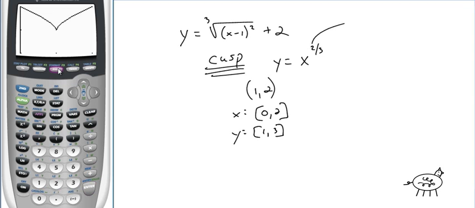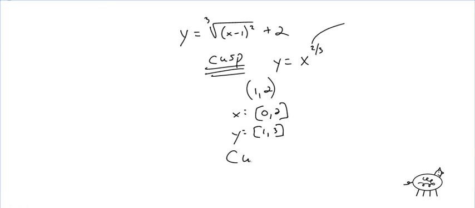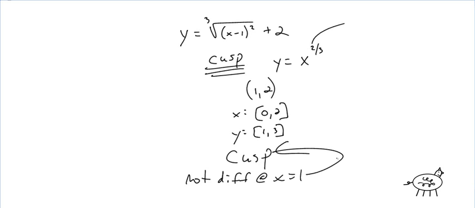Okay, cool. So let's zoom in, zoom 2, and hit enter a couple times, a couple more times. Okay, so you see what's going on. You're still getting a cusp no matter what. So that's my investigation. We're still getting a cusp. So that's why it is not differentiable at x equals 1 because of a cusp.